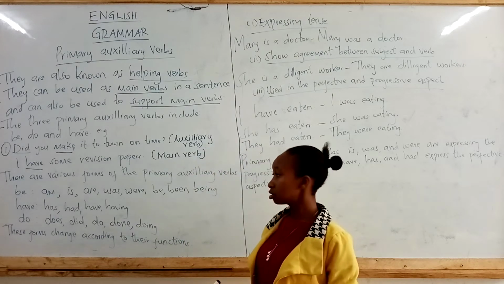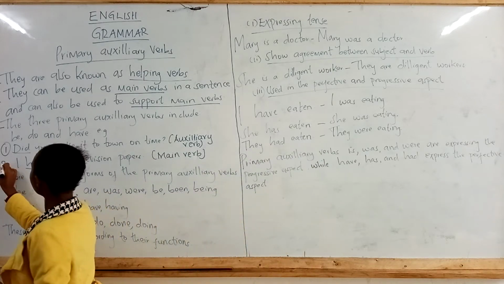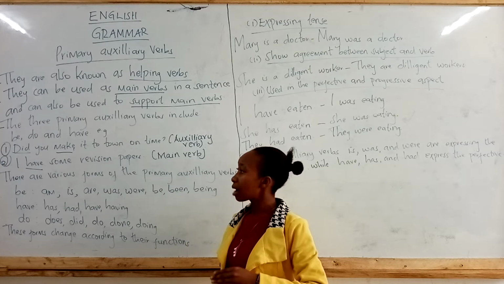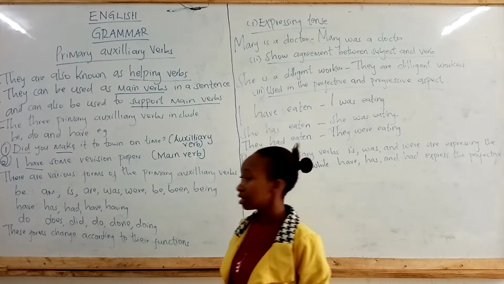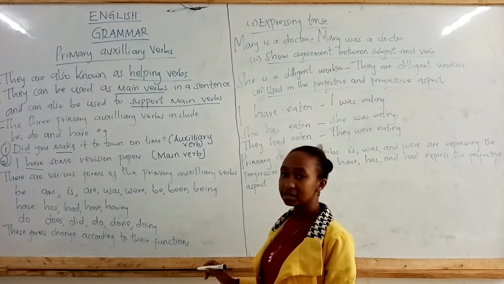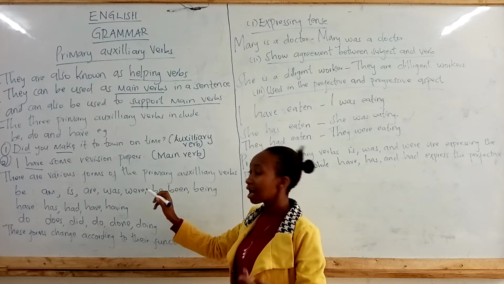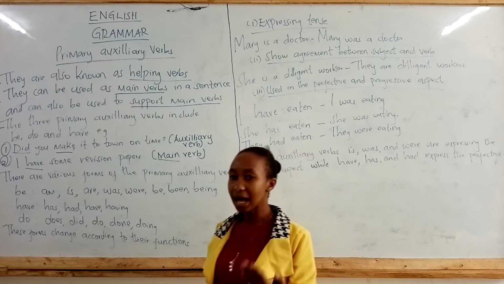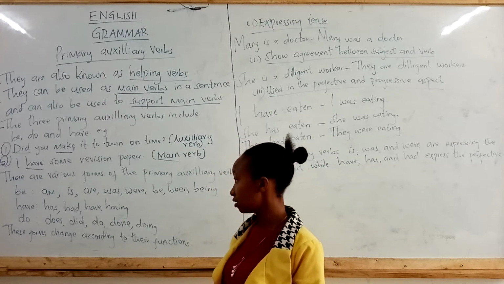We proceed on to example number 2. I have some revision papers. So our auxiliary verb here is have. But now, in this case, have has been used as a main verb. Why are we saying that have has been used as a main verb?